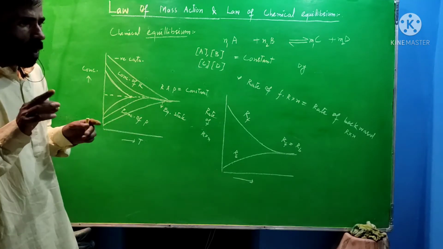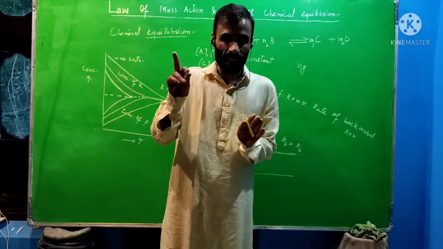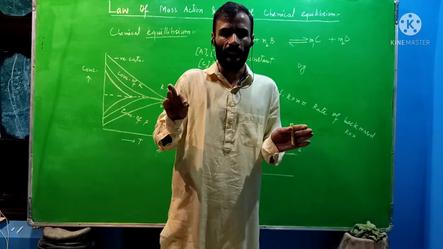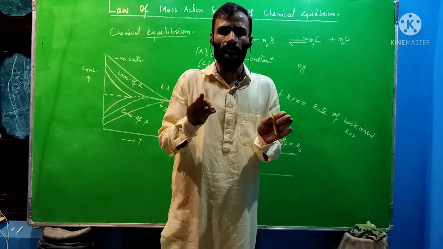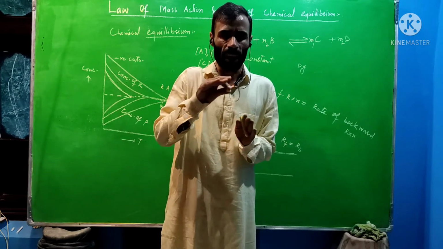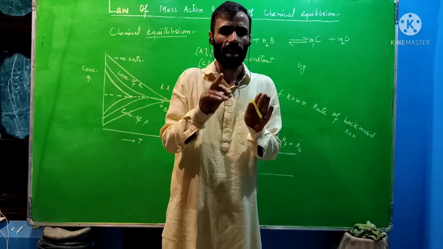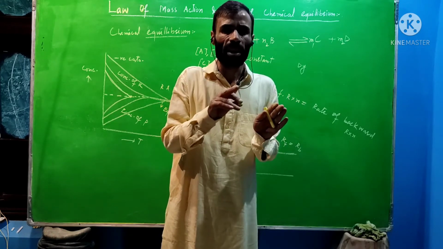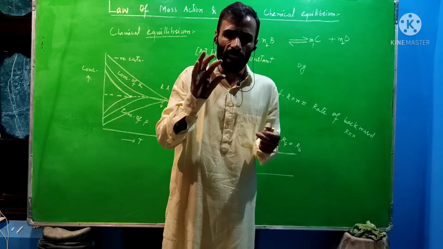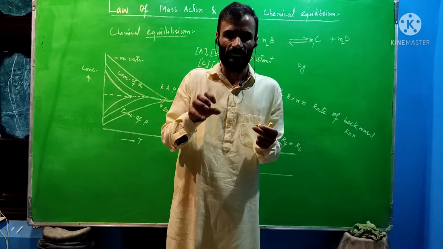Again, we may say when a reaction occurs in both directions, in the forward direction as well as in the backward direction, then a stage is reached when the rate of forward reaction becomes equal to the rate of backward reaction. That stage we call chemical equilibrium. At that stage, there is no observable change in the concentration of products as well as reactants.